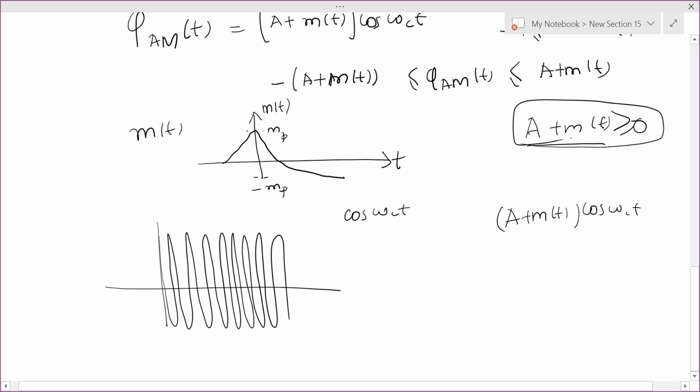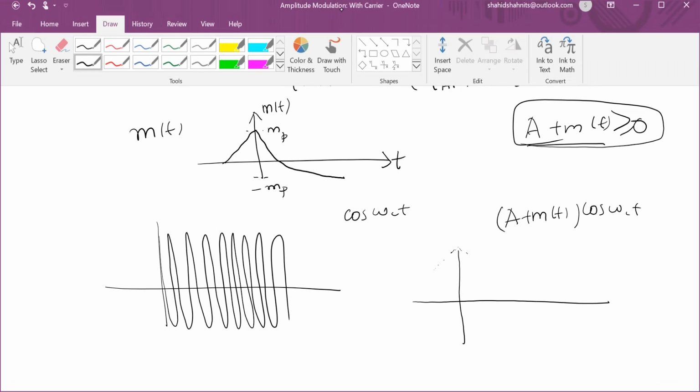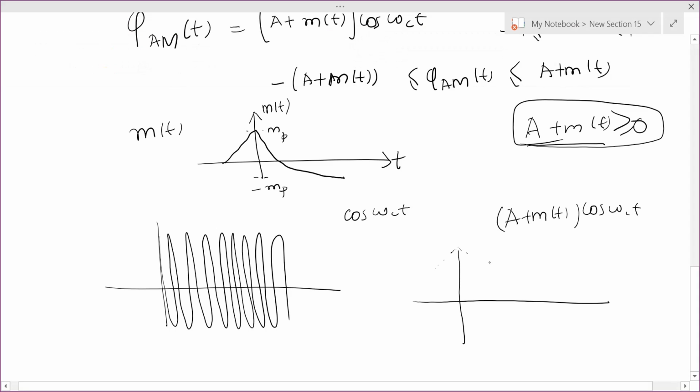So what will you do is, we will put this message signal, let me use a different color, like this. What is this? This is basically A plus m of t, right?